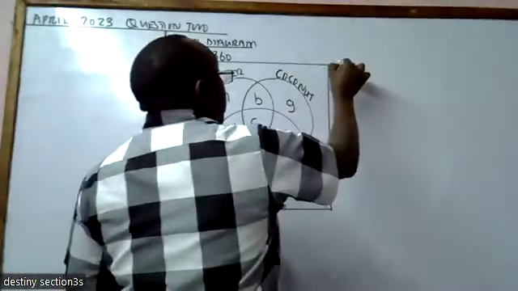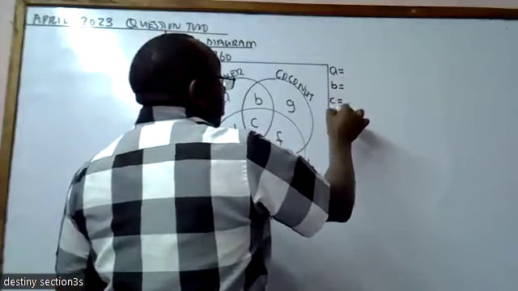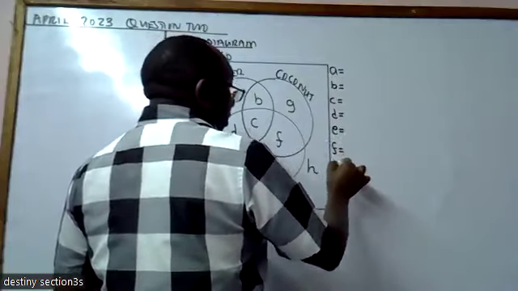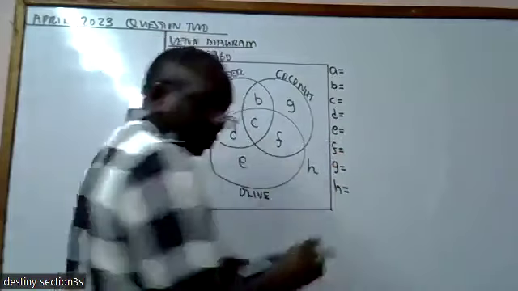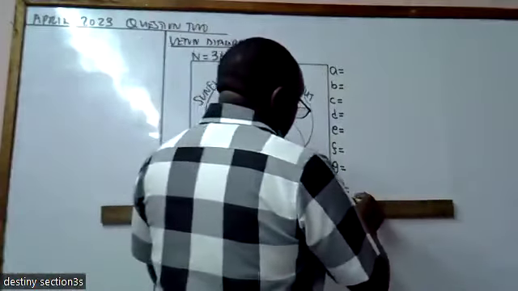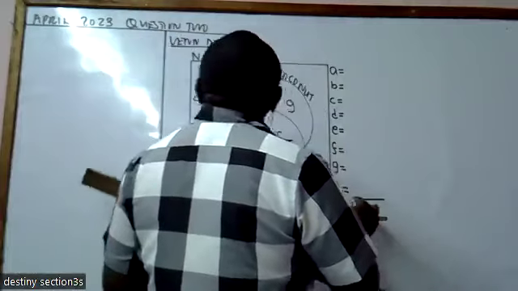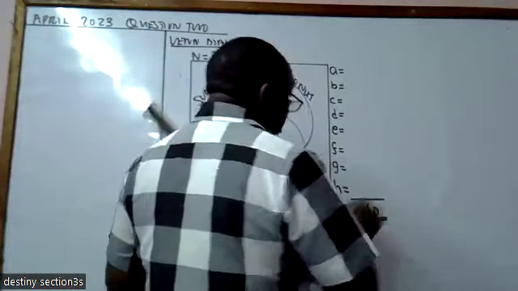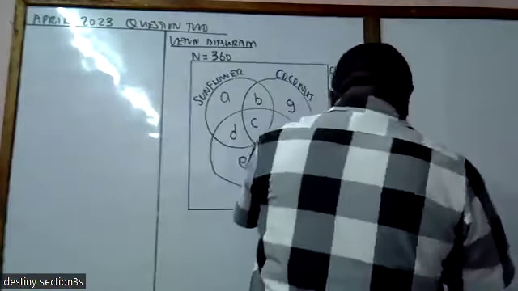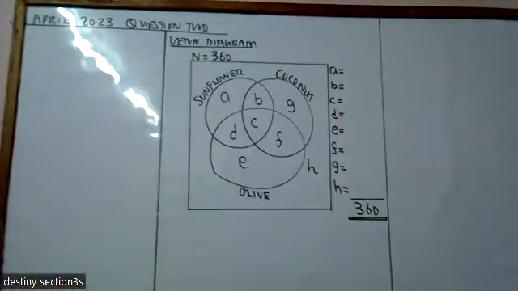So this is A, B, C, D, E, F, G, H. After we have worked out, the total will take us back to 360.